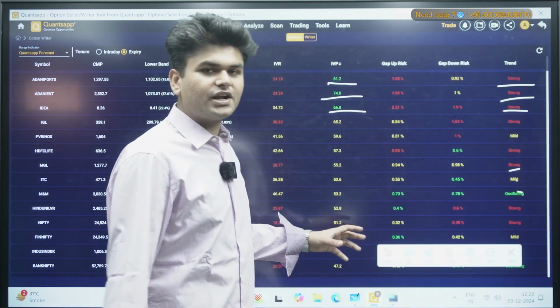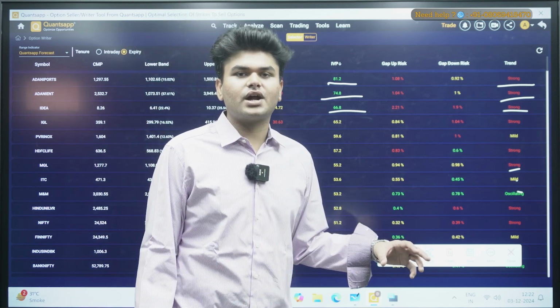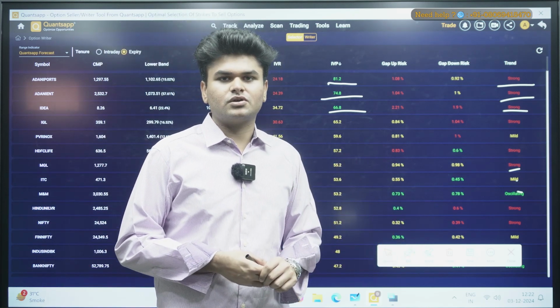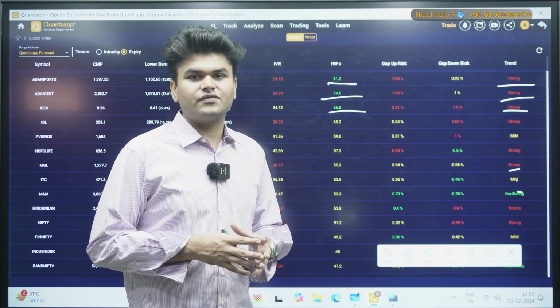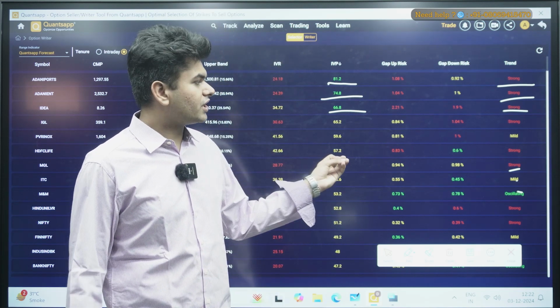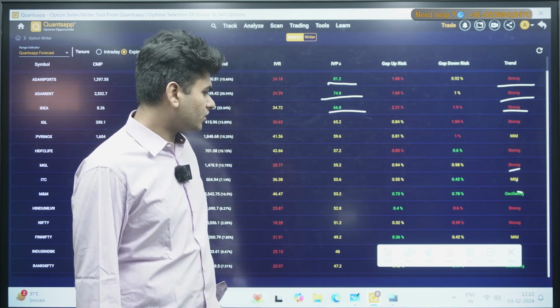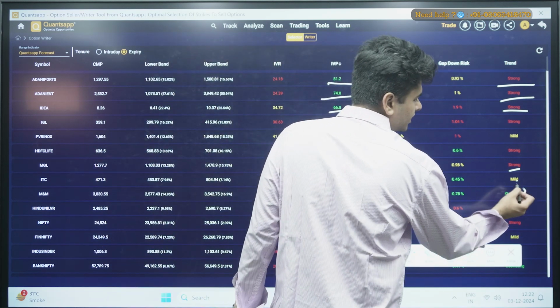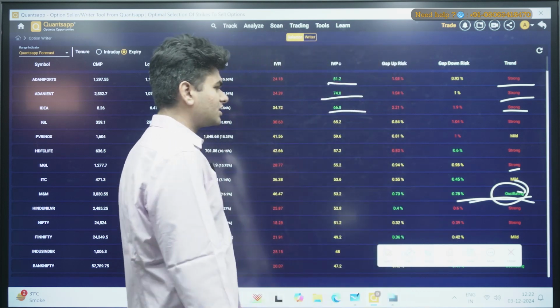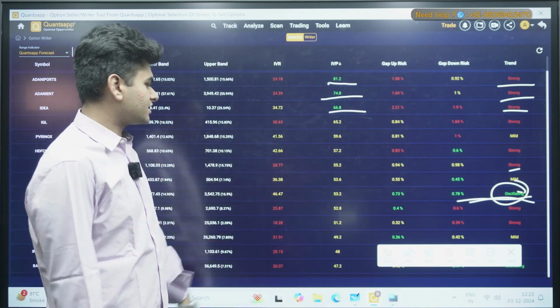If the trend is strong, that indicates this can go on the directional side also. So again, as we spoke about initially, you need to be in the range. A strong trend is not supporting us, so you need one with an oscillating trend. So you need to identify the one which has an oscillating trend and the highest IVP.